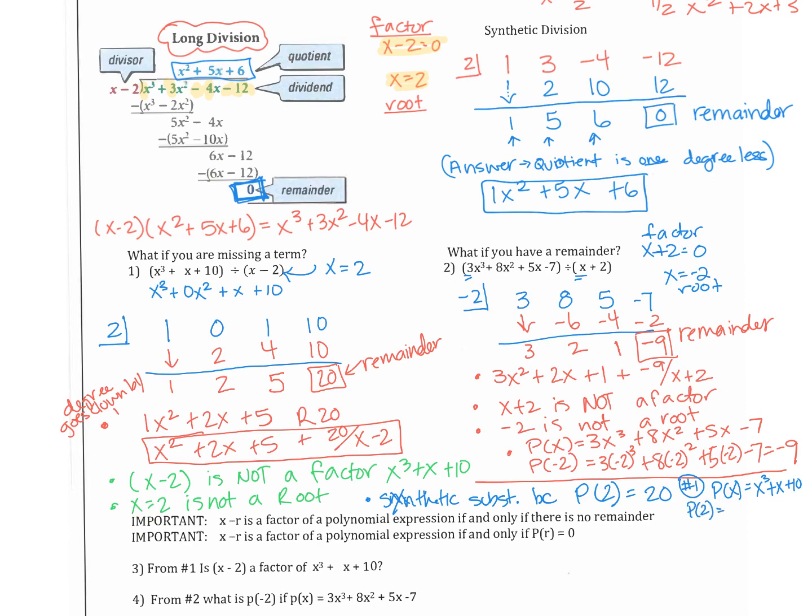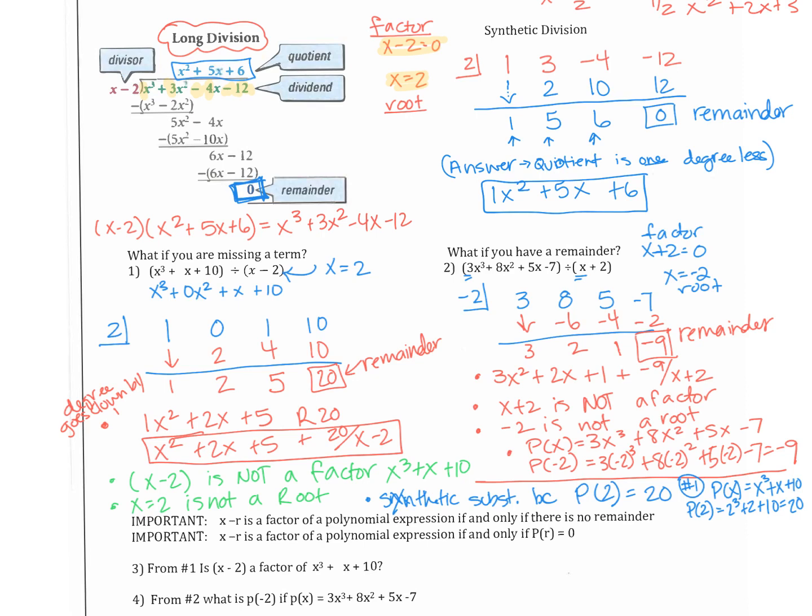If I substitute a positive 2 in, I would have 2 cubed plus 2 plus 10. And I don't even need to grab out my calculator. I know that answer is going to be 20 because that was my remainder when I did my synthetic division.